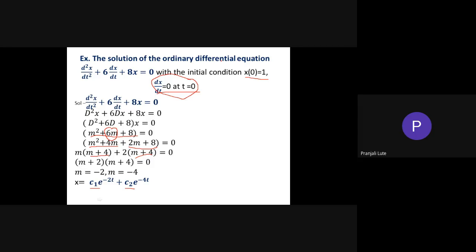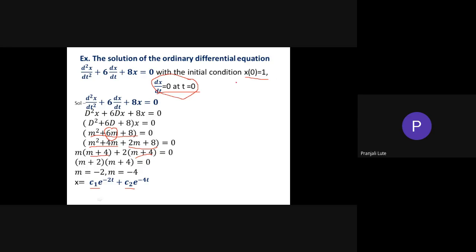So how to apply the initial conditions? x is a function of t. When t is 0, the value of x is 1. So the first condition is x equal to 1 when t equal to 0.